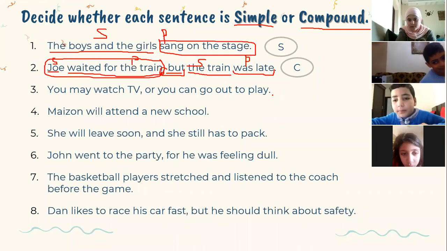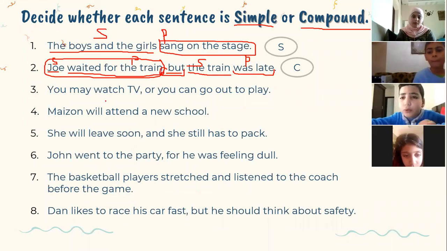Compound. Why is it compound then? How many independent clauses do you have? We have two independent clauses. Yes, we have two independent clauses.